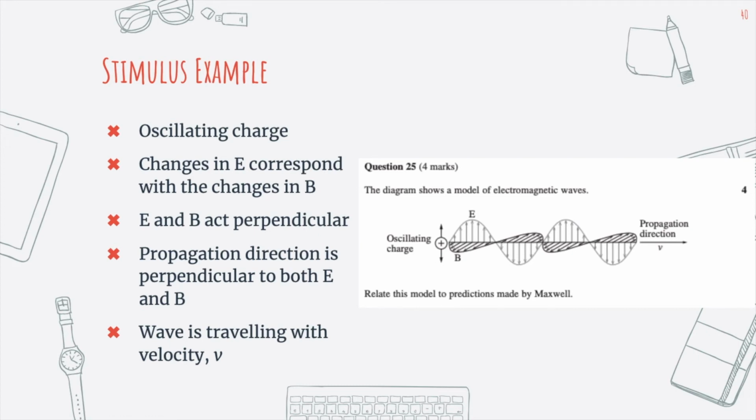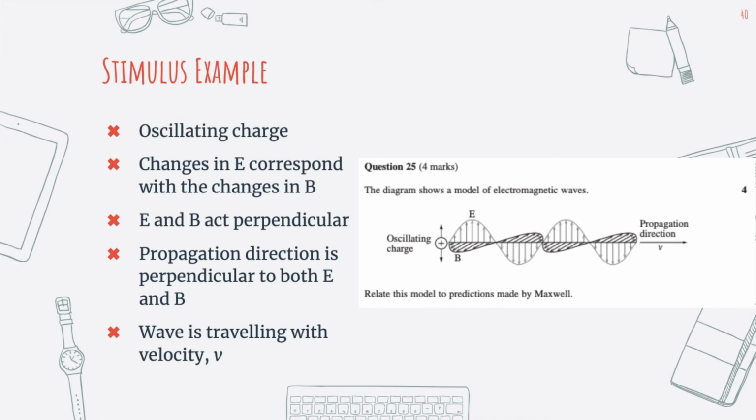We can see that there is an oscillating charge on the left-hand side. It's a positive charge, but for now it doesn't matter too much. We just know that it is an oscillating charge. We can also see that the changes in the electric field that are occurring correspond with the changes in the magnetic field. So when the electric field is reaching its maximum displacement, the magnetic field is too reaching its maximum displacement.